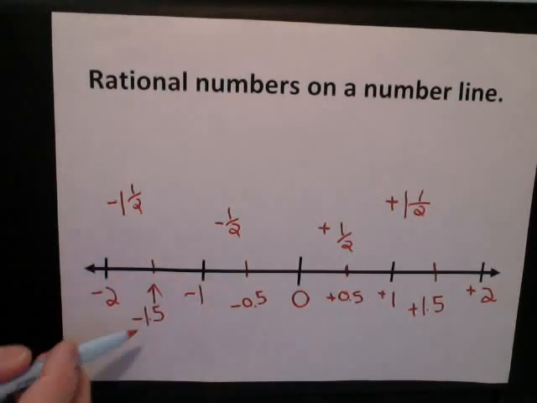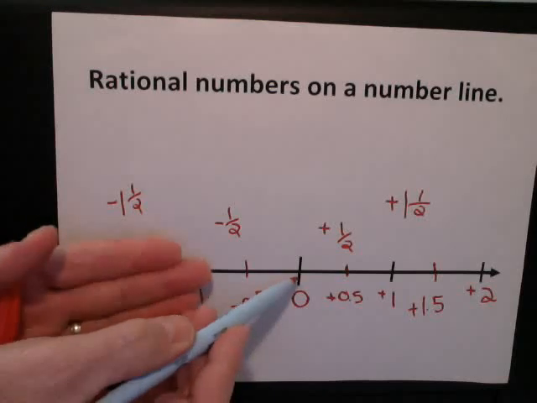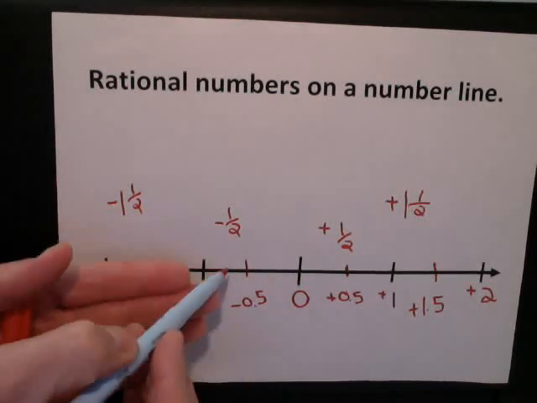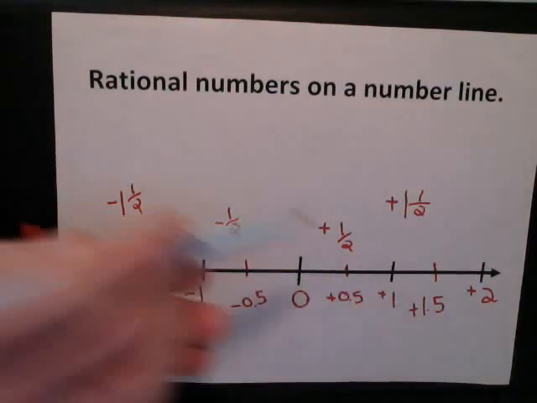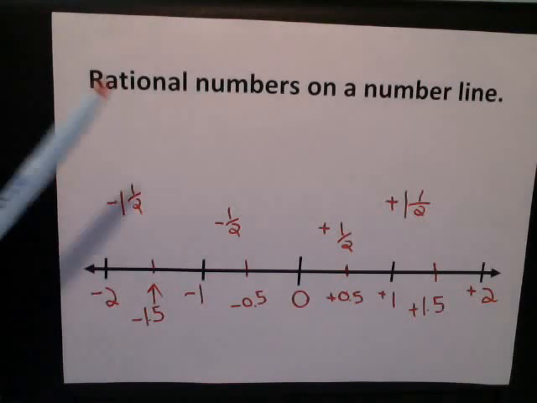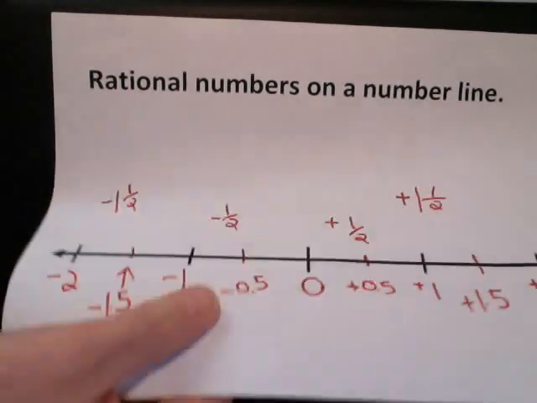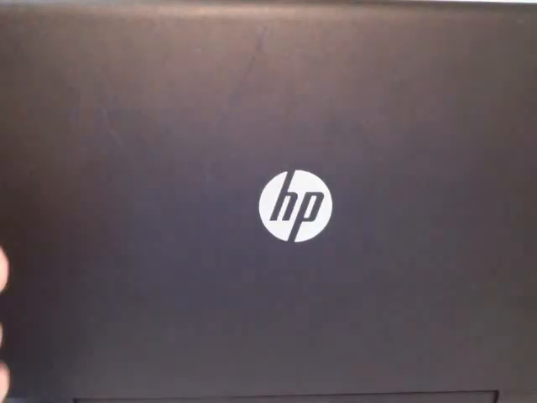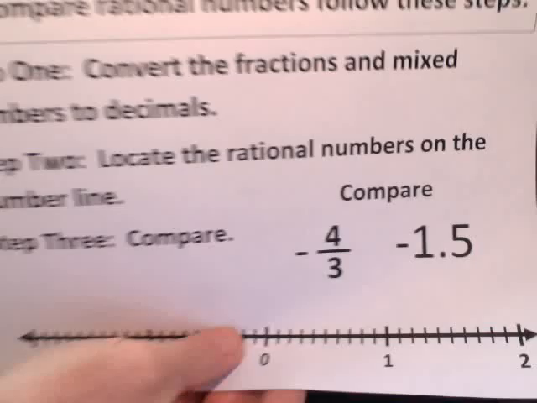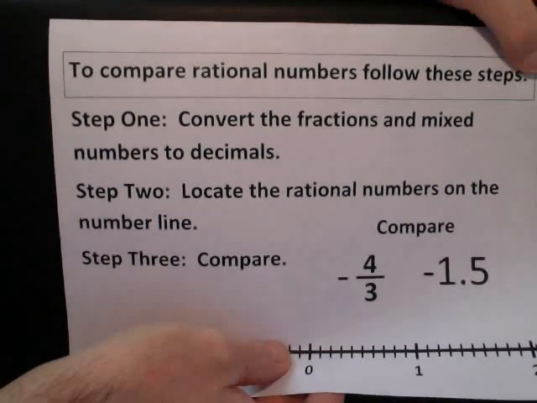Okay? And basically, it just means that you could have negative fractions and negative decimals, the same as you have positive fractions and positive decimals. And that's how rational numbers would look on a number line. Okay? So, now, let's just take a quick look at comparing them.